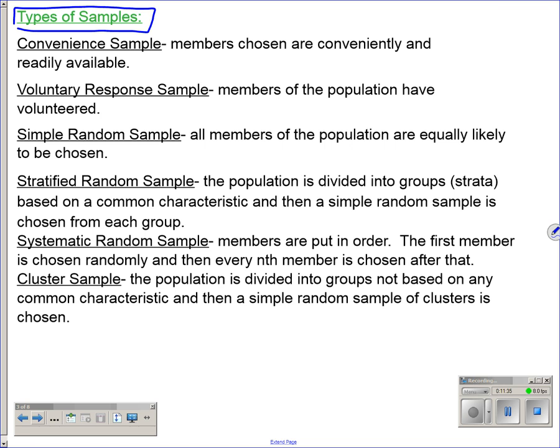Okay? Do you think that a convenience sample would or would not have bias? Depending on that, maybe. And depending on the question, I guess the answer to all this could be it depends. But for the most part, I would say that there's bias here. Okay, I mean, think about it.